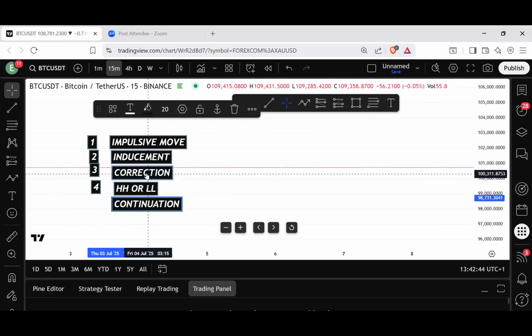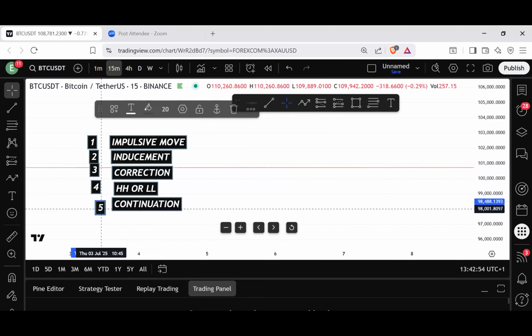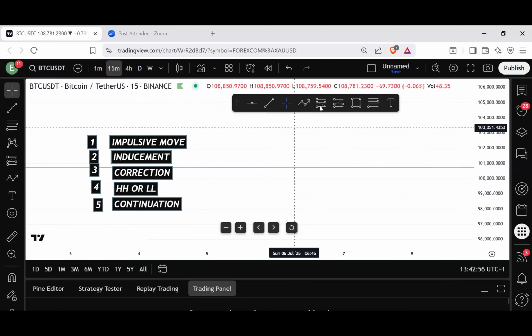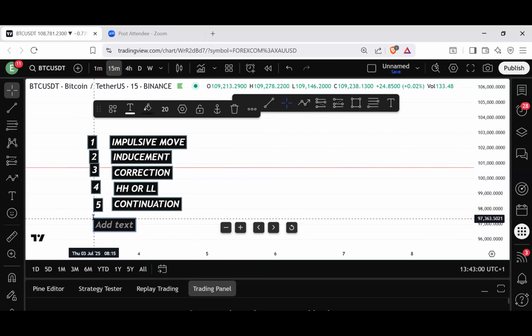Correction first before confirmed. So then the next thing you see is the continuation. Continuation is confirmed, is a form breakup structure.